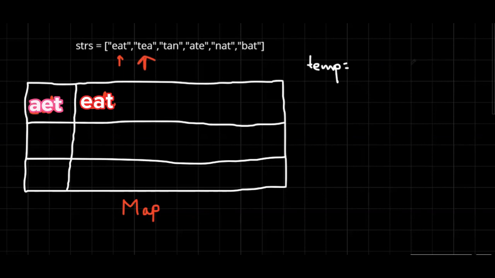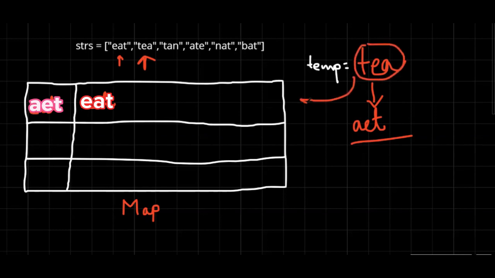So our current string is tea. And if we perform the sort operation here, the resulting string will become aet. So we have an entry in our map where the key is aet. So we can store tea into the value.